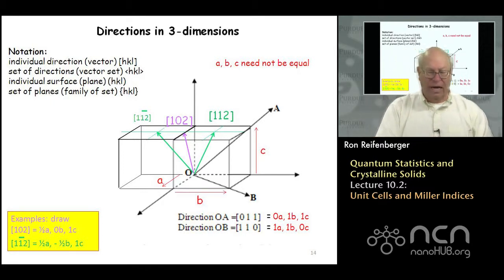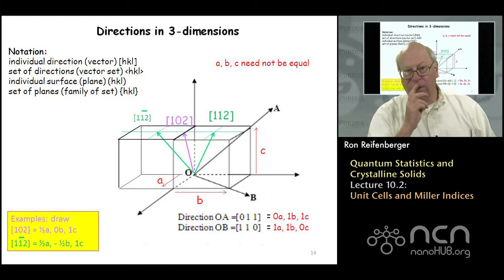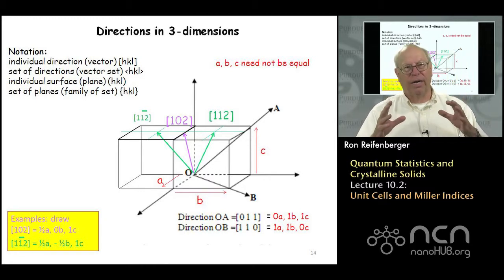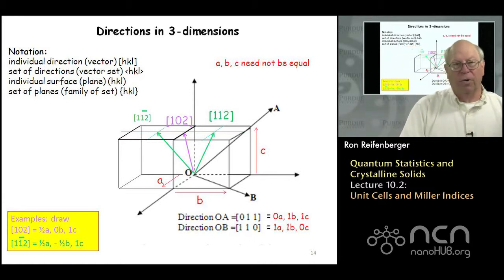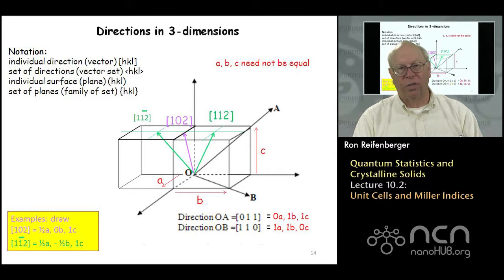It's just algebra, basically. So this is an introduction to the crystal systems that have been identified and how to specify planes and directions inside those crystallographic systems. And we're going to start to use this notation in some of the future lectures.